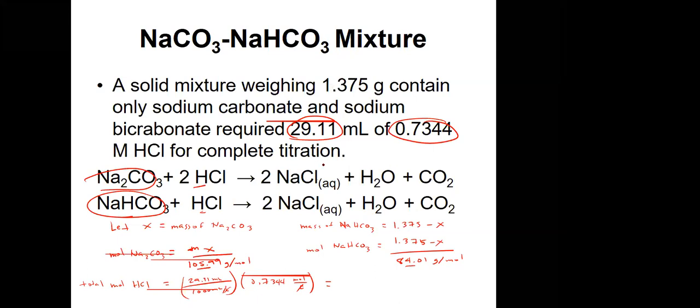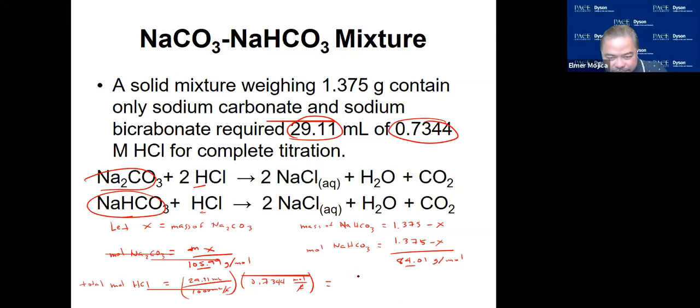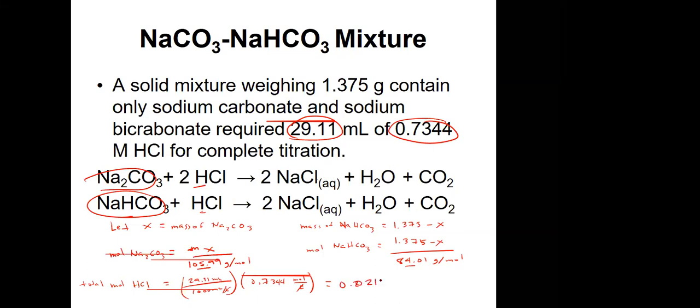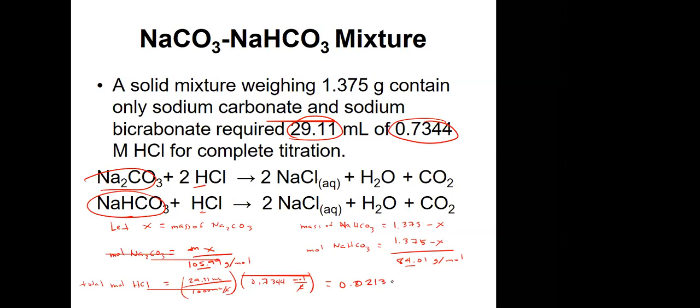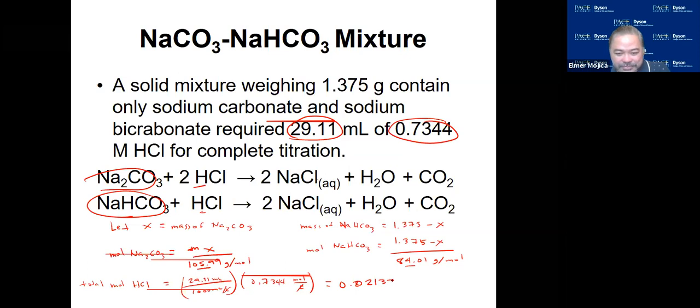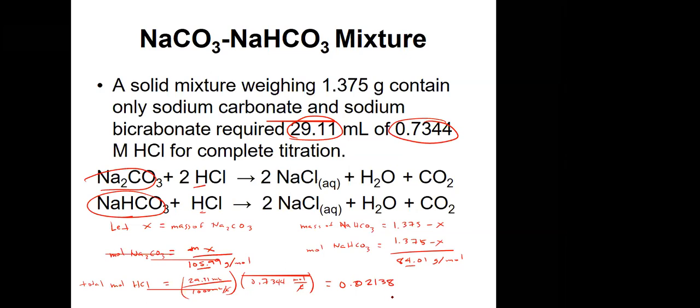I got 0.0214. Did you round it up? What's the digit instead of 4? 3, and then 7. Is it not 8? If you round it up, it's 8, so I guess 8. Okay, so we need at least 4. This is the moles of the HCl.